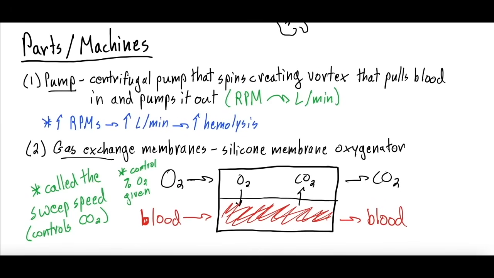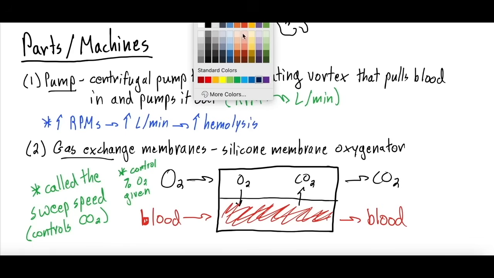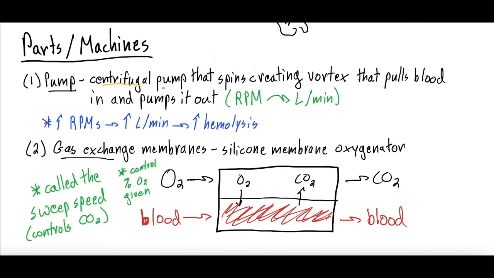So the first portion is you have a centrifugal pump. Centrifugal meaning that the pump spins, and the spinning creates a vortex that pulls blood in and then pumps the blood out. As a vortex, it's spinning, and it's measured and set at RPMs, revolutions per minute.